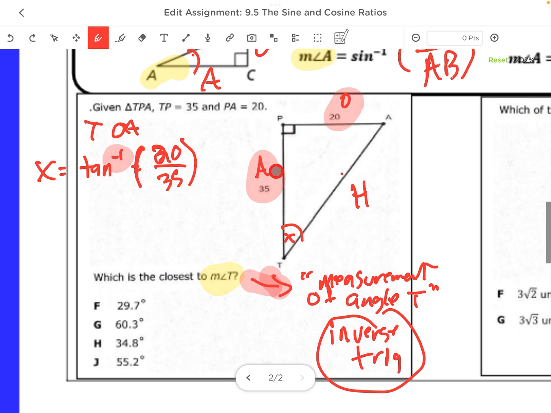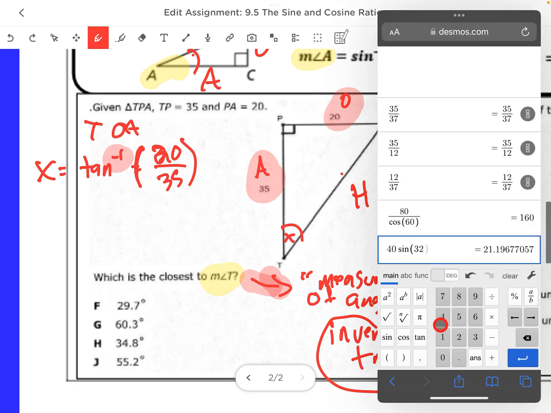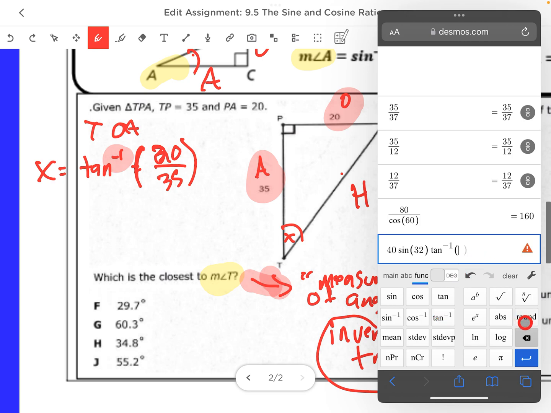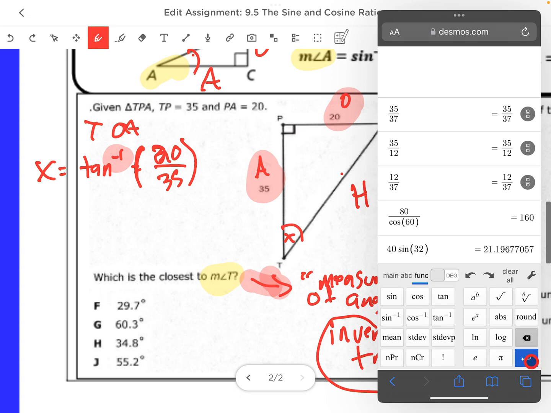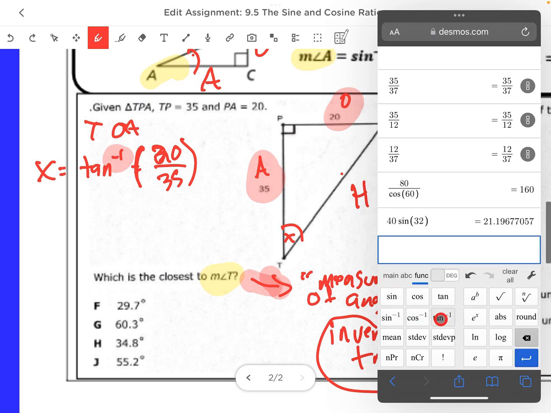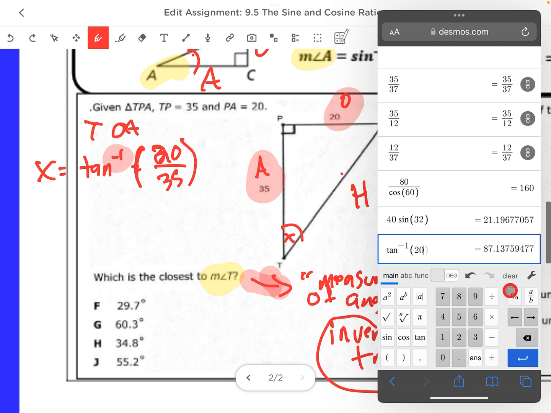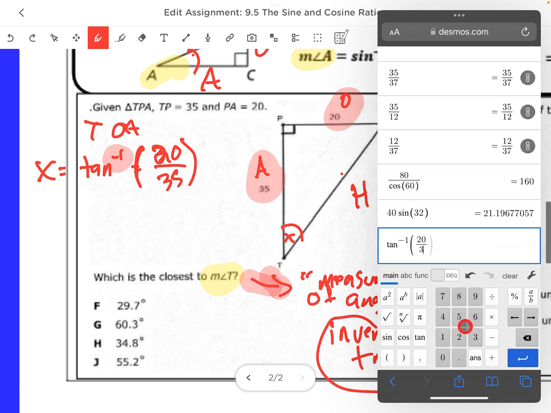So 20 over 35. Okay, so now that we figured out what to do, just type it into our calculator. So remember, we're going to push that function button first. What I like about this too, you can just push that back up to go back, right? That way I can keep it. Let's push the enter button. So inverse tangent of 20 over 35. And so now I'm going to push the main button again. 20 divided by 35. Okay, I can either put my parentheses or not. 29.74.